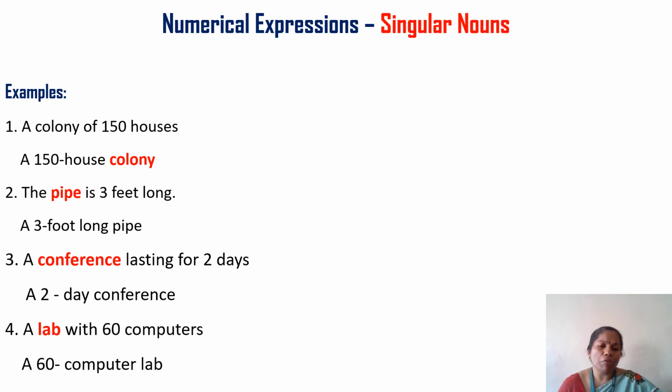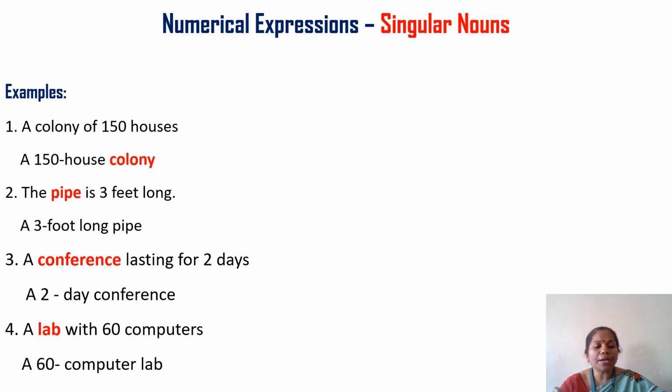A colony of 150 houses. So 150 should be converted into a number only. Then colony. The noun we talk about here is colony. Colony is a singular noun. As I said, the singular noun has to be preceded by the appropriate article, a or an, based on the initial sound of the number.